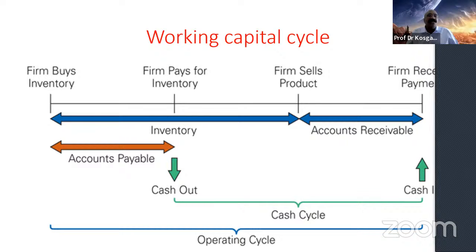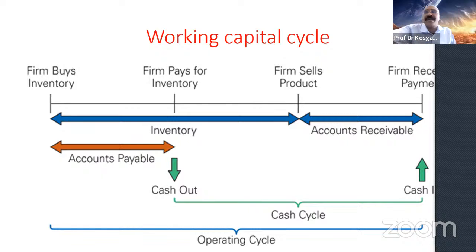The firm pays for the inventory. Let us say you are buying a product and you are selling the product after 100 days.